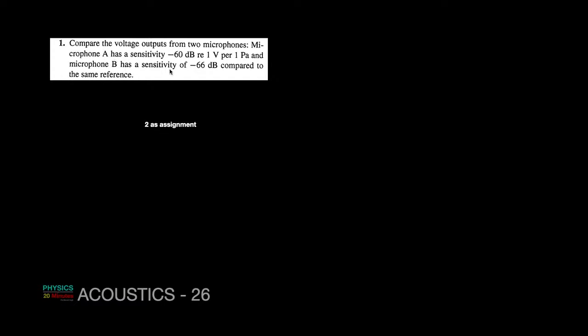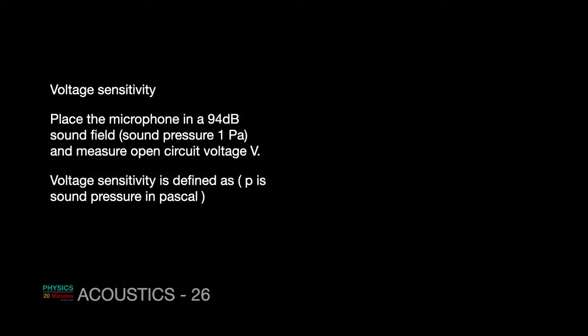Microphone A has a sensitivity of minus 60 dB per volt per Pascal, and microphone B has a sensitivity of minus 66 compared to the same reference. So please look at these problems. They are simple applications of the formulae.